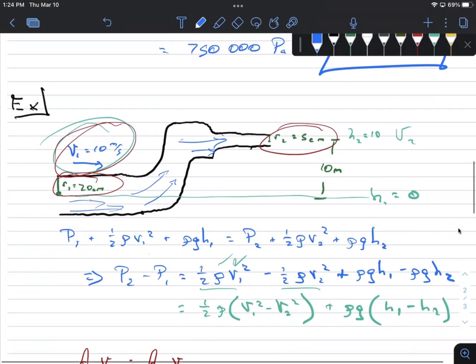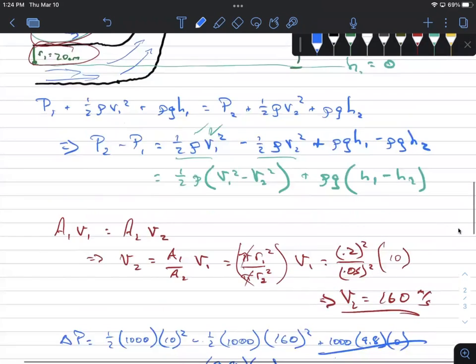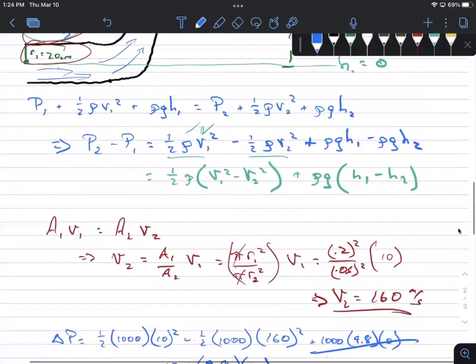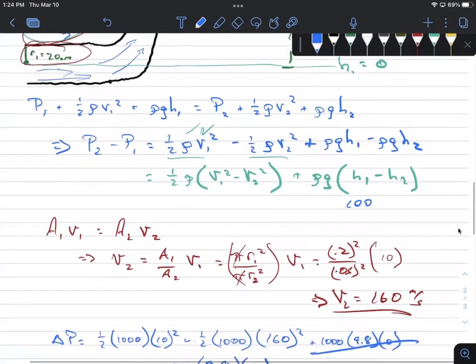And if you don't believe it's legal, if you think, oh no, I don't really understand that, what if it's some other number? Well, plug it in, do exactly the same calculation, but this time call H1 100 and H2 110. And I guarantee you'll get the exact same answer because the 100 will cancel out eventually.